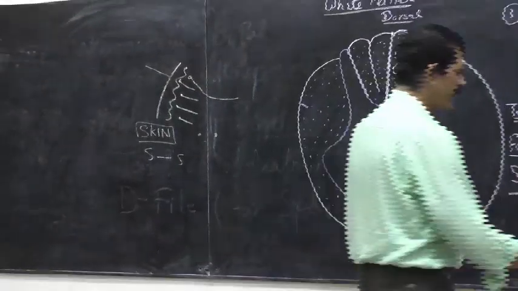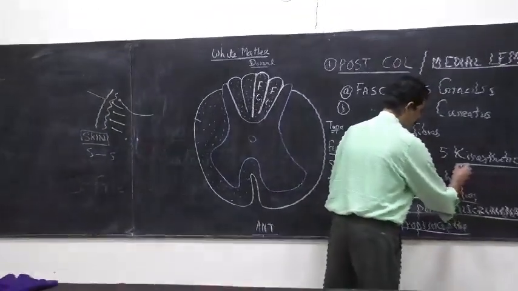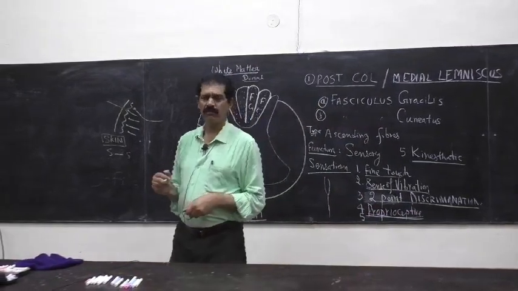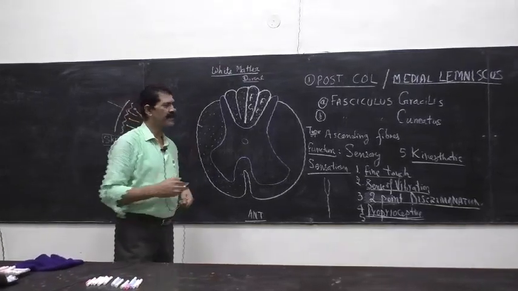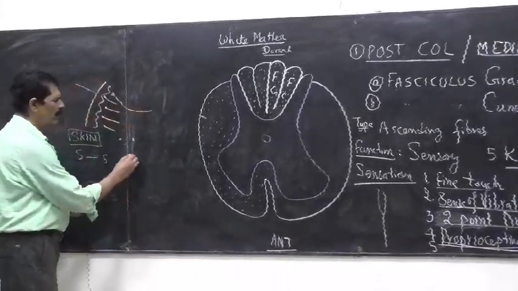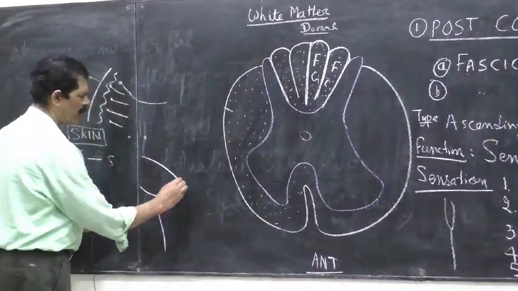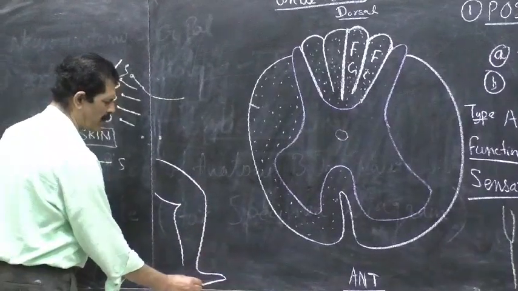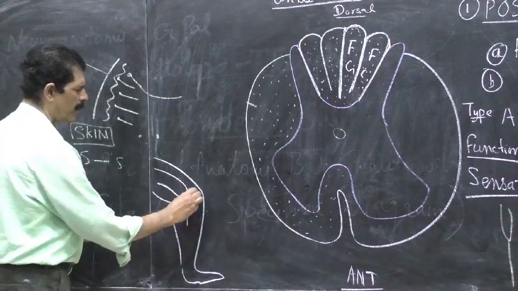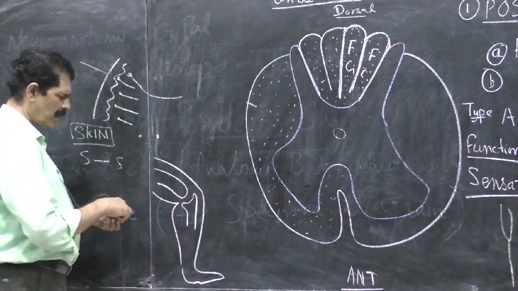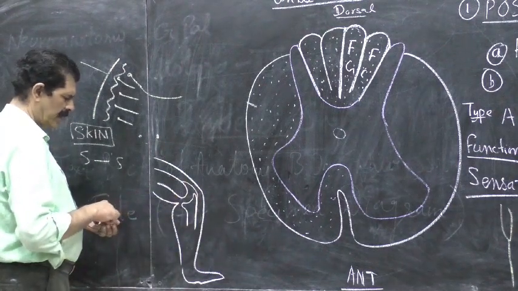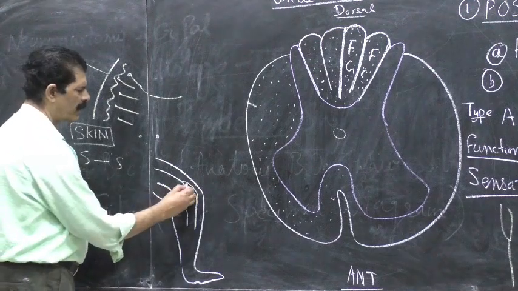Then proprioceptive sensations. Proprioceptive sensations are concerned with the position of the human body, and kinesthetic sensation means related to the movement of the body. We know the human body has so many synovial joints from head to toe. Any joint formed by bones that is a synovial joint is covered by a fibrous capsule, and inside the fibrous capsule lies the synovial membrane.